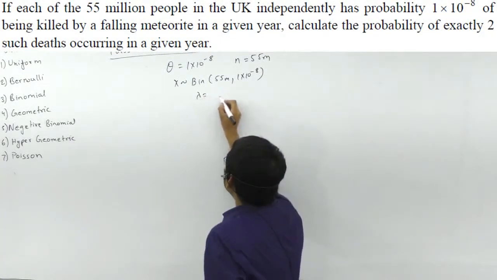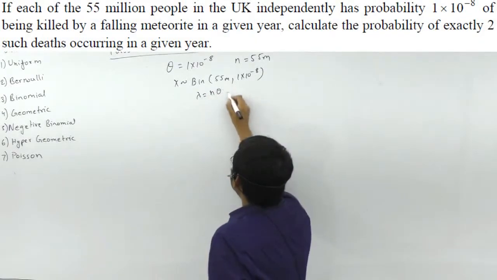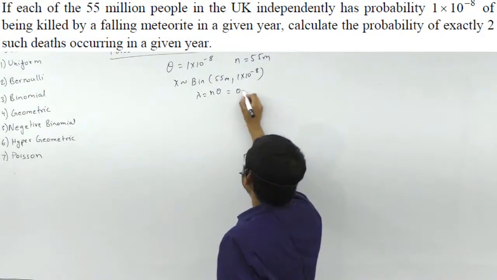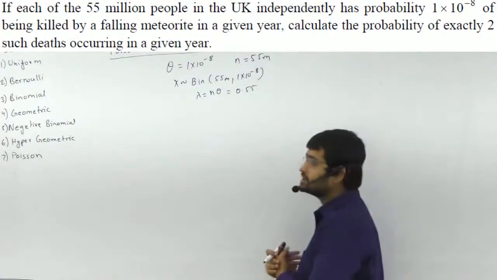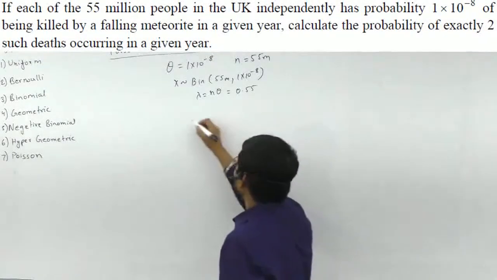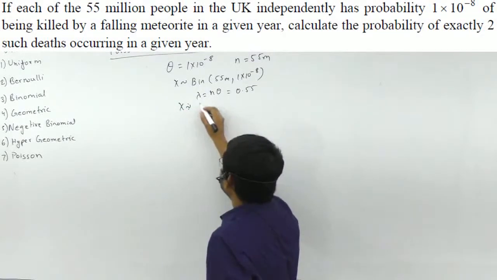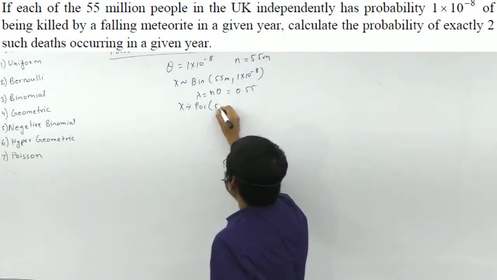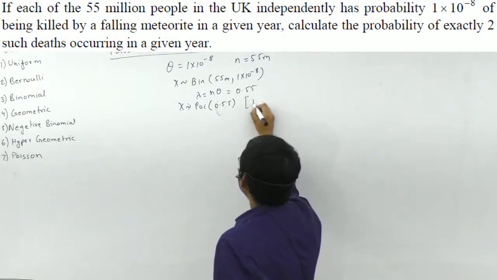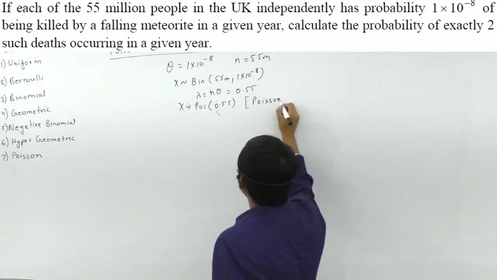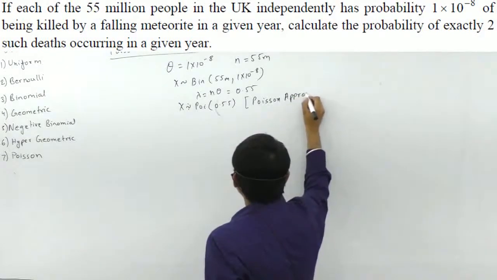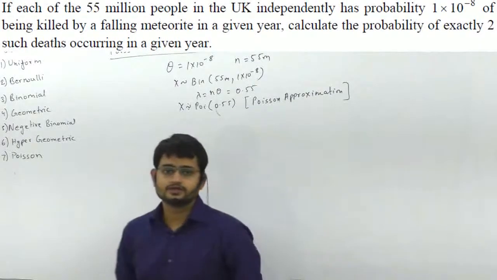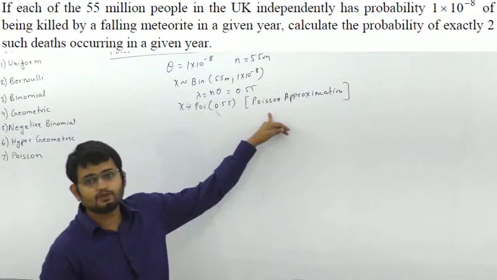We'll say lambda is equal to n theta, that will be nothing but 55 into 10 raised to minus 8 or 0.55. 55 million into 10 raised to minus 8 will be 0.55, and then we can say x approximately follows Poisson distribution with lambda 0.55, using Poisson approximation to binomial distribution.